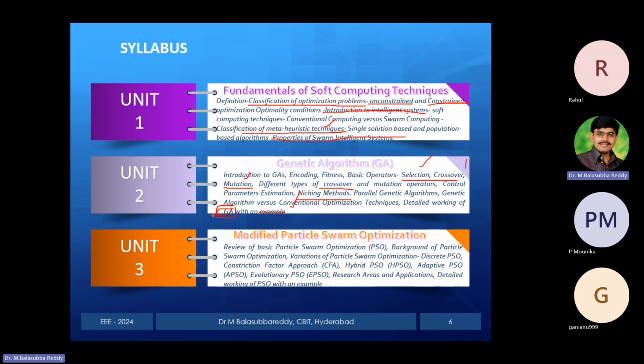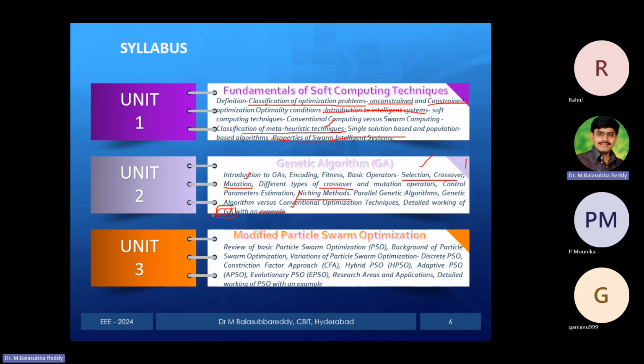Normally in the PSO there are some random parameter variables. They mention the values may be 2 or something, the acceleration factors C1, C2 values. But later in the research they found that instead of using a fixed value directly, we can go for this CFA approach, then the performance is going to be further better. That's what they concluded as per the research literature.